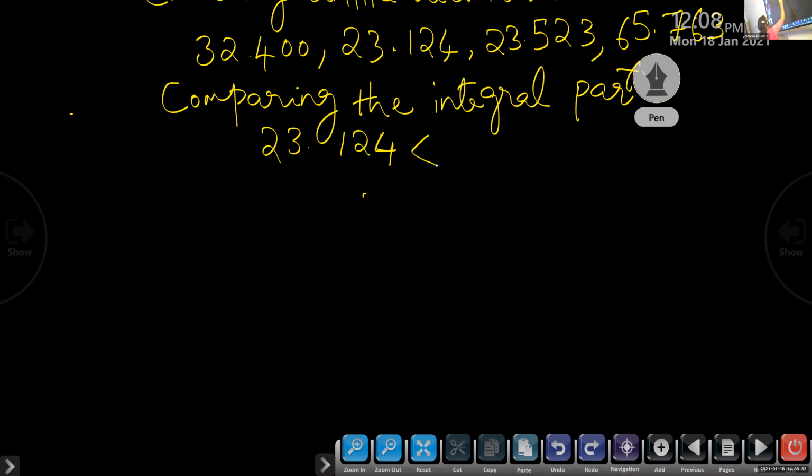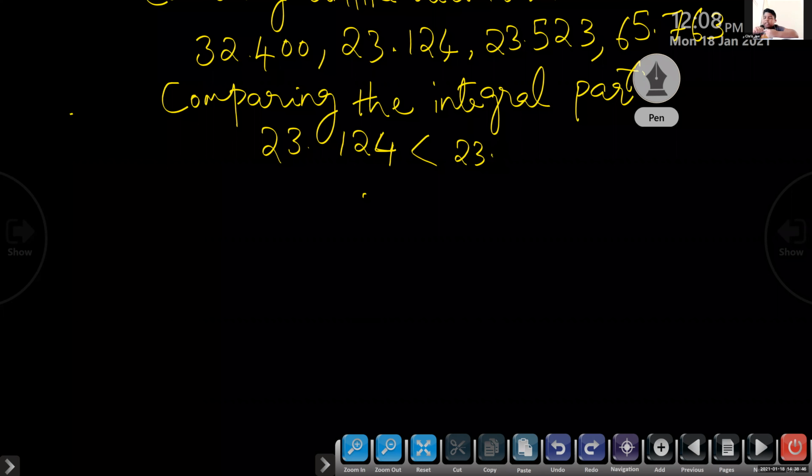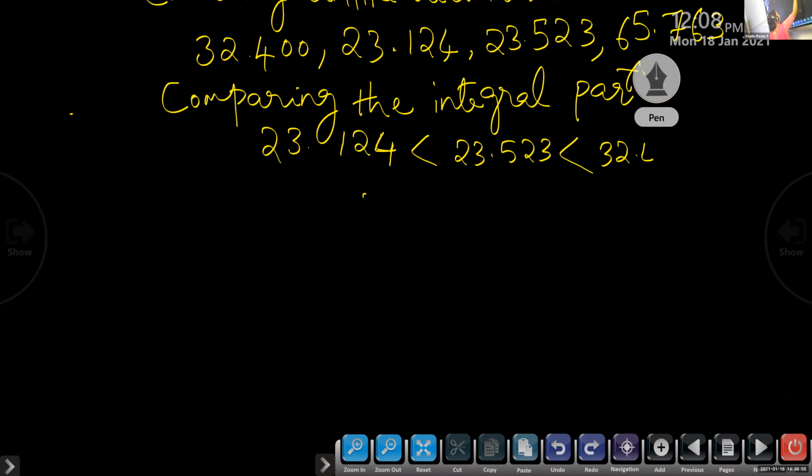Which is the next one? 23 point. Tell me the answer. 523. Yes, Chris Joe. 23.523. After that? 32.400. Now we are writing with the like decimal. Then we will come back to the question.